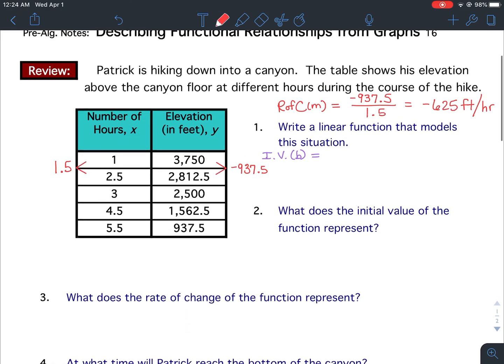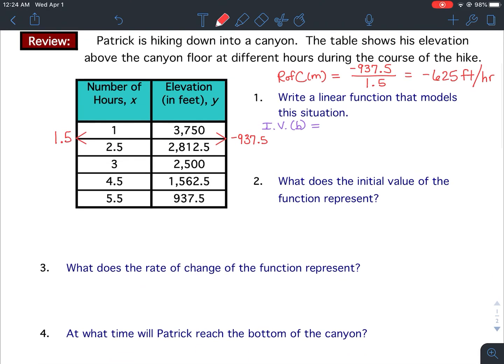Now we need to find the y-intercept, the initial value. So let's start by writing this first. Remember, the initial value, your y-intercept, is the value of y when x is 1 minus the slope.